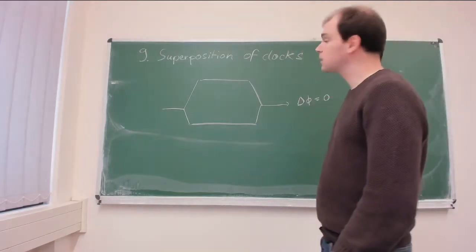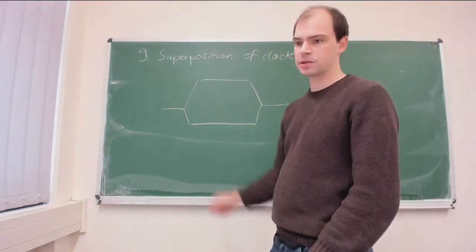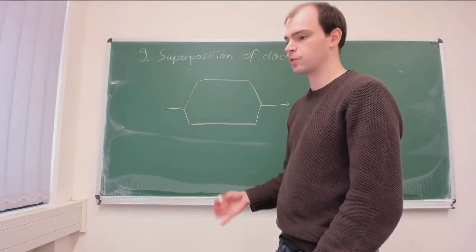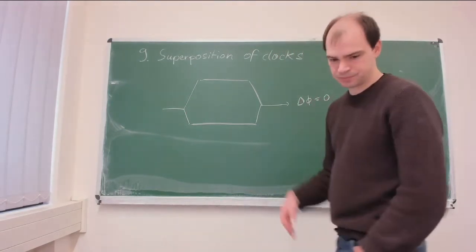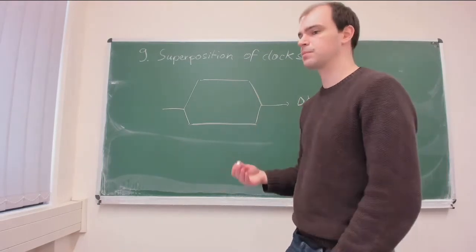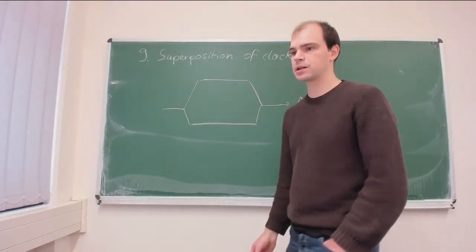But now think of doing this experiment instead of with a single particle, as we did in the cow experiment, with a clock. A clock can be any system that has some internal degree of freedom, that has some periodicity, from which I could somehow read the time.